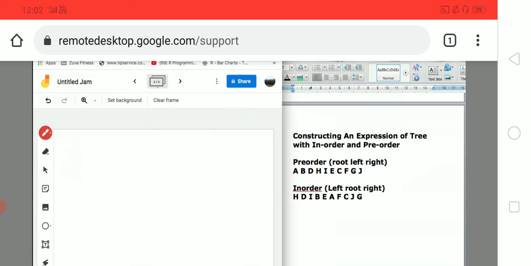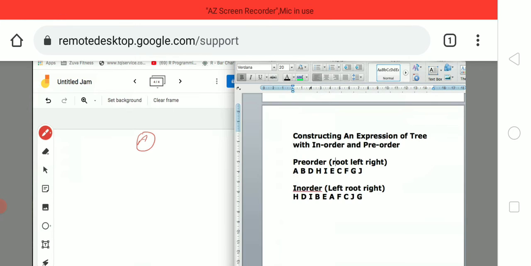So here root is A, because A is the first element. Okay, and in in-order, where is the root node? So here.